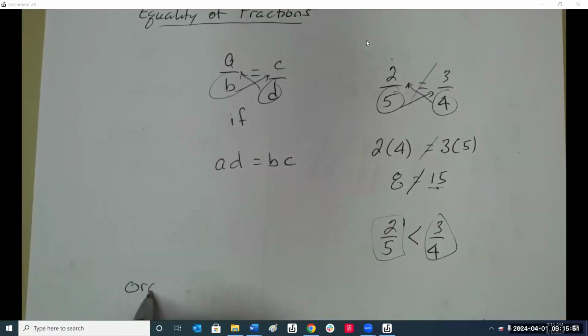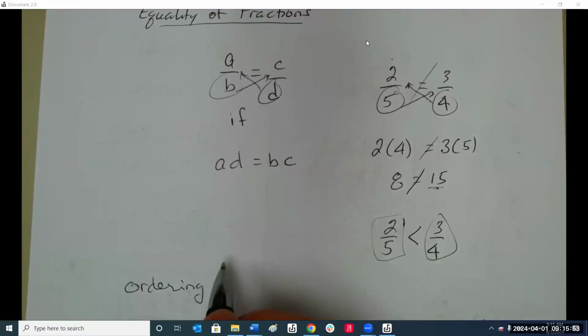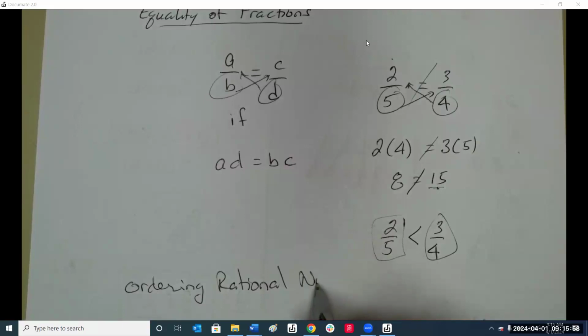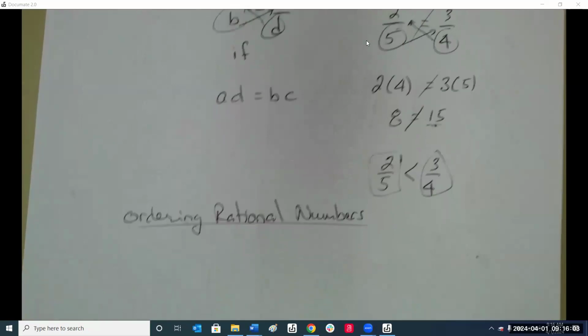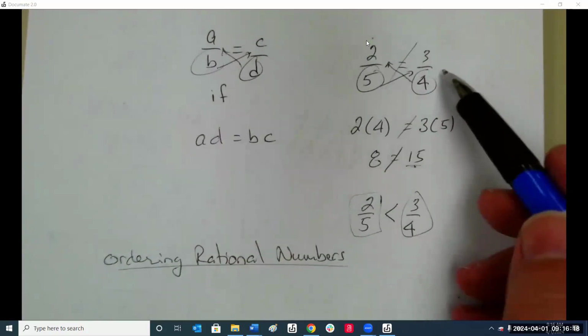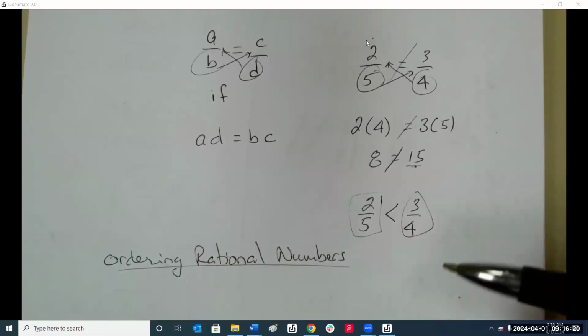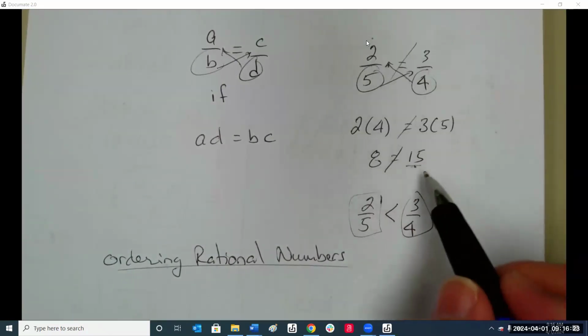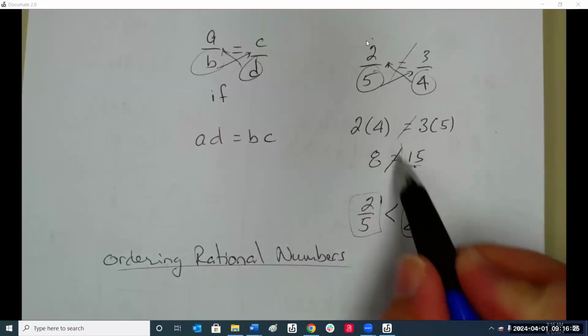This is called ordering rational numbers. My question was, are they equal? No. If not, then which one's bigger? But once I cross multiply, then whatever number is bigger, that side is bigger.